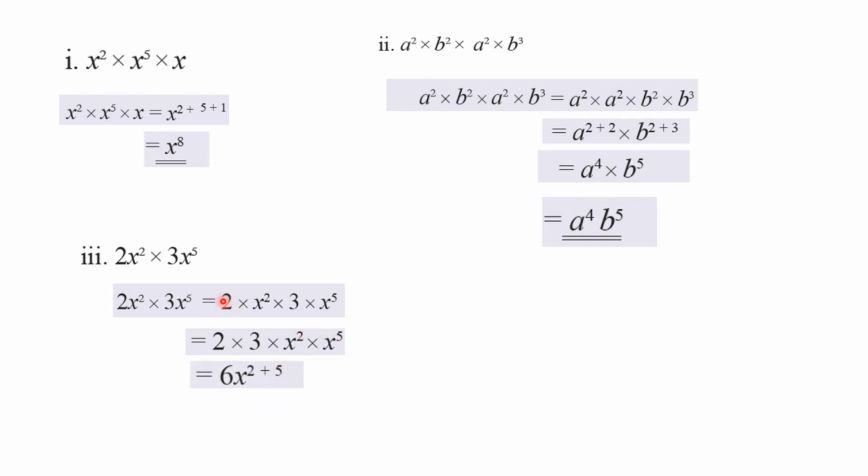Just multiply these two numbers. You don't worry about the numbers because the numbers do not belong to this index. From the beginning I told you the index only belongs to the given term. If there are brackets, the index belongs to everything inside. So you just multiply these two numbers, it is 6, and add these indices. Then the answer is 6x^7.